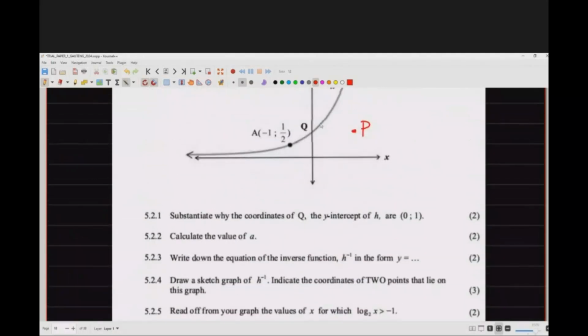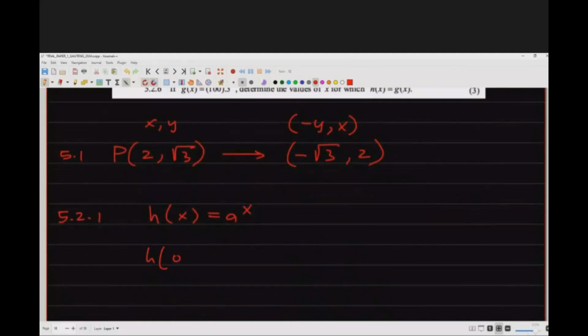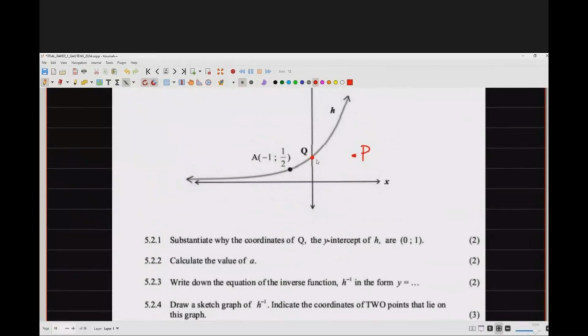Then for the y-intercept here, that means that the x value is 0. So h of 0 here is equal to a to the 0, and that's equal to 1. And Q is essentially just (0, 1) for the intercept.